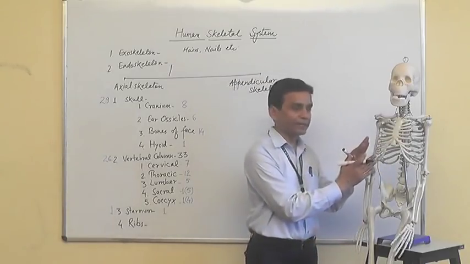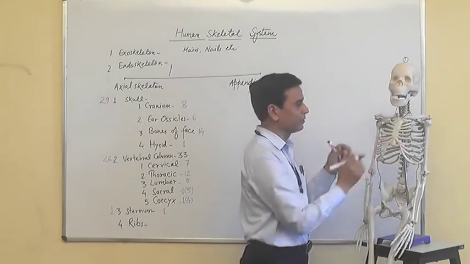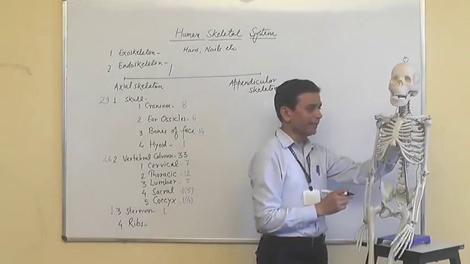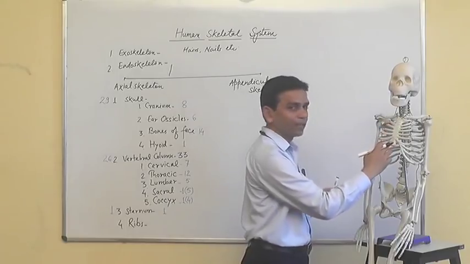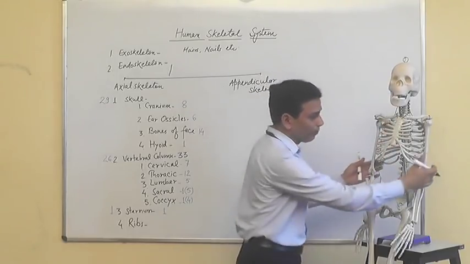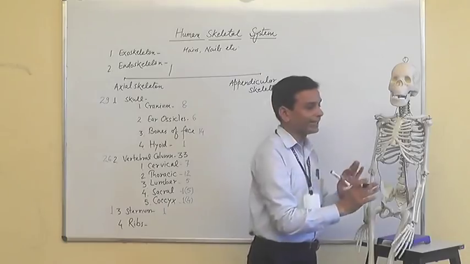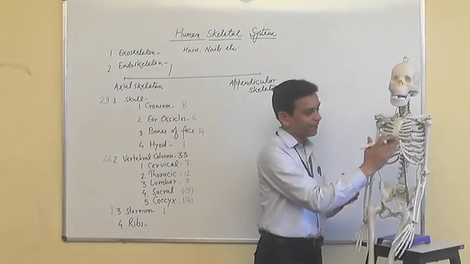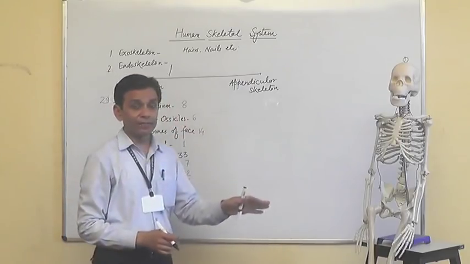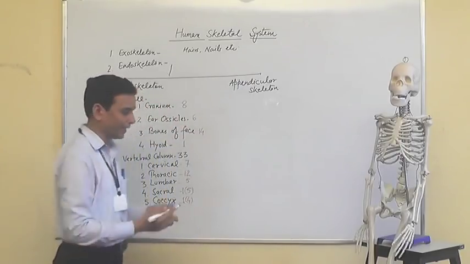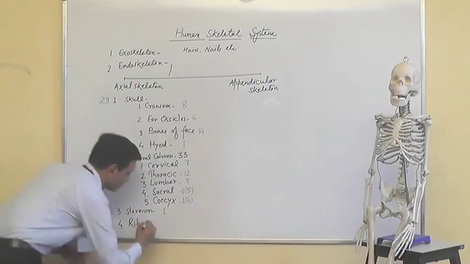Out of 12 pairs, 10 pairs of ribs are attached dorsally to our vertebral column and ventrally to our sternum. But 2 pairs of ribs are not attached to our sternum. These are also called floating ribs. These are 12 pairs, so total ribs in our body are 24.